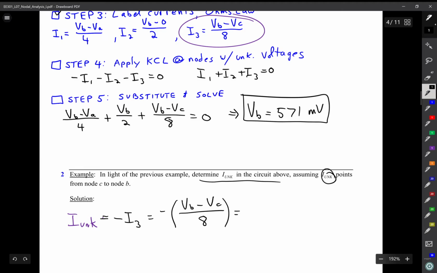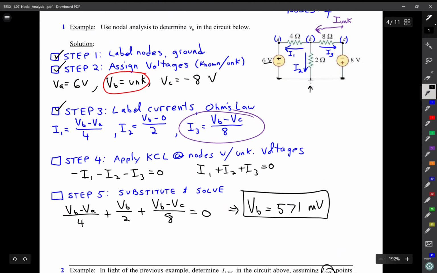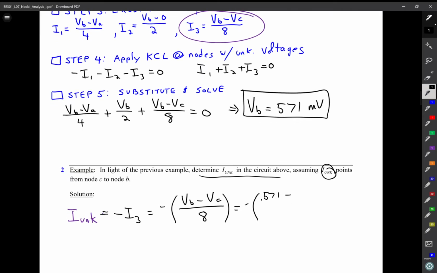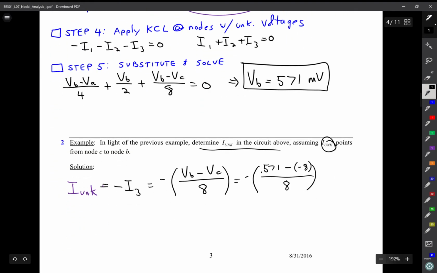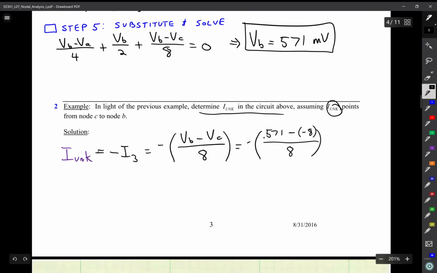And VB is equal to 0.571 volts, minus VC. And VC is also a minus, so that's minus minus 8, divided by 8. Therefore, I unknown is equal to minus 1.07 amps. That's my answer.